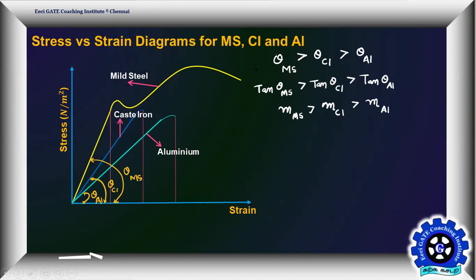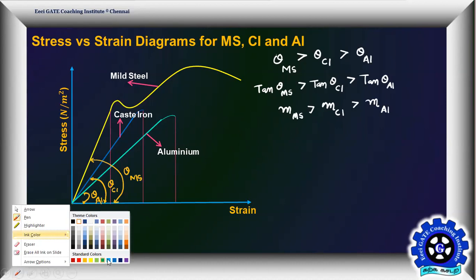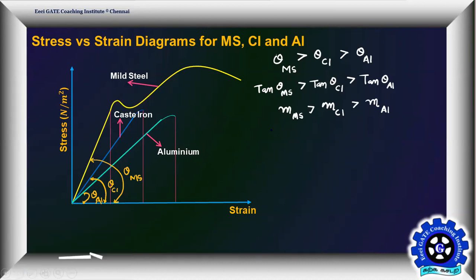What is meant by slope? Slope of the stress versus strain diagram is nothing but Young's modulus E. Here, this is E mild steel. E mild steel will be greater than E cast iron. E cast iron is greater than E aluminium.